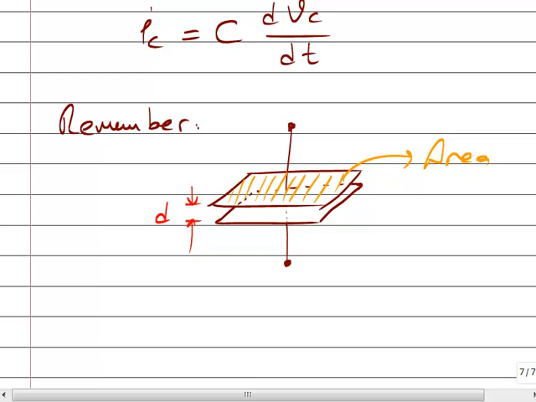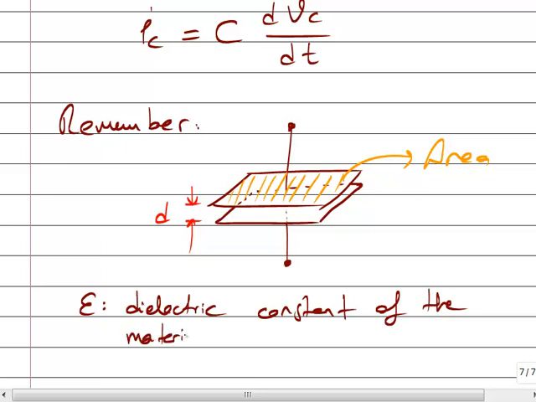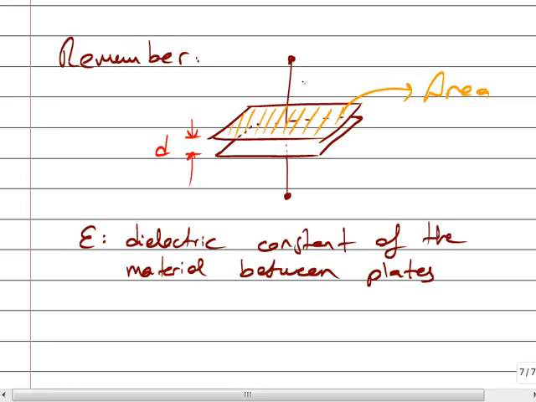In practice there is a dielectric between the plates, and there is a value called epsilon, the electric constant of the material between the plates, and the value of the capacitance is epsilon times the area divided by the distance between the plates.